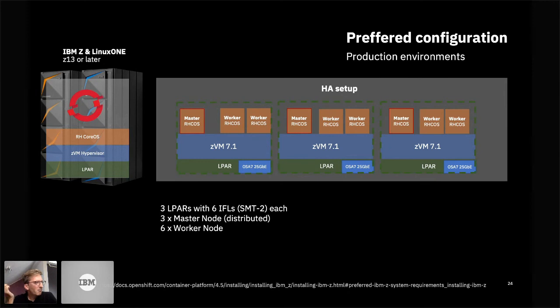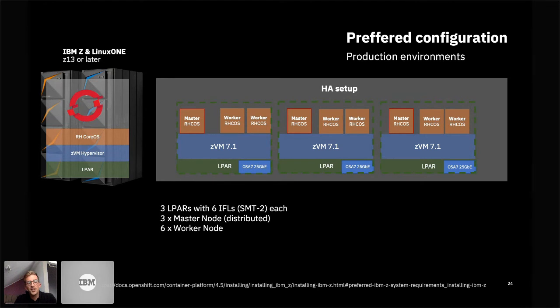You can distribute the nodes on 3 different LPARs, with 3 different z/VM hosts, and put one master node on each of those hosts, because if one master node falls down, we still have 2 additional ones, and we can recover the whole cluster. But if you have, for example, two master nodes on one host, and it goes down, then we are left with only one master node, and we don't have enough master nodes to recover the cluster.